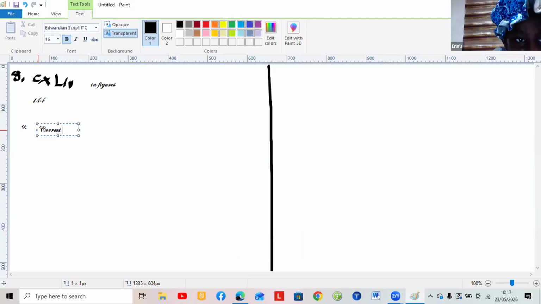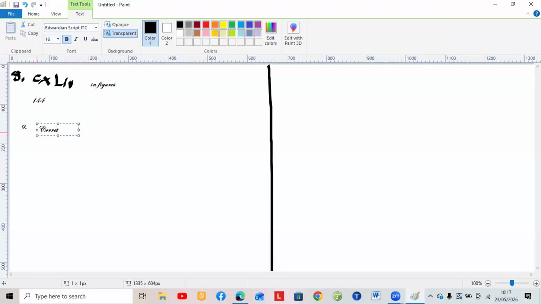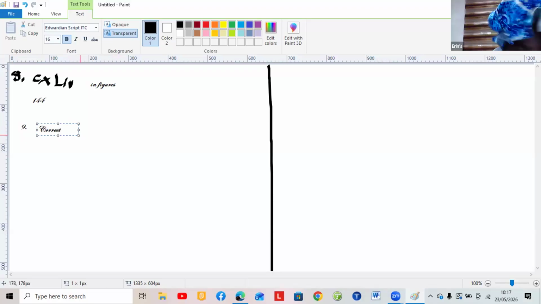Correct. So go ahead now, Favor. Correct. 39.6162 to 2 decimal places. So that is going to be 39.62.